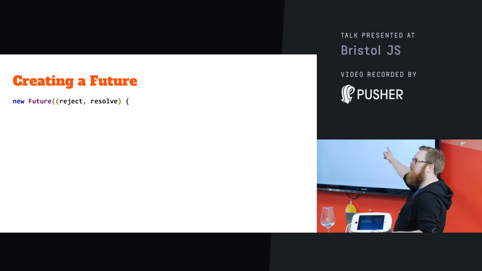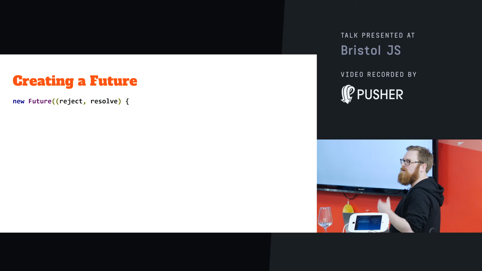Okay, that's the opposite way around. So when you're making a promise, it's resolve, then reject. When you're making a future, reject, then resolve. In futures, the error case always comes first because there's no way of ignoring the error case in futures. Just a design decision, a really sensible design decision.